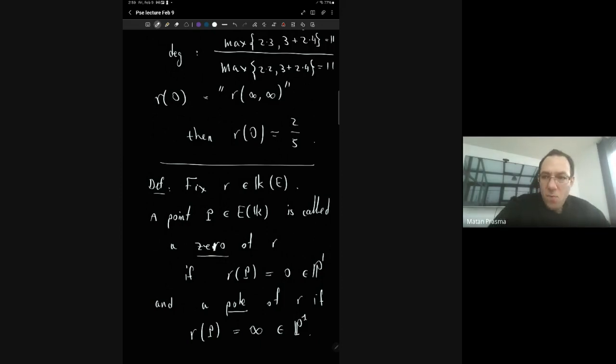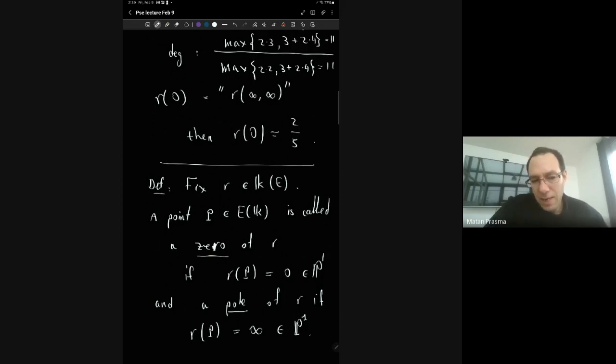And what we will be interested in the next few sessions is to understand to what extent the zeros and the poles determine the rational function. It will turn out that they almost completely determine the rational function.